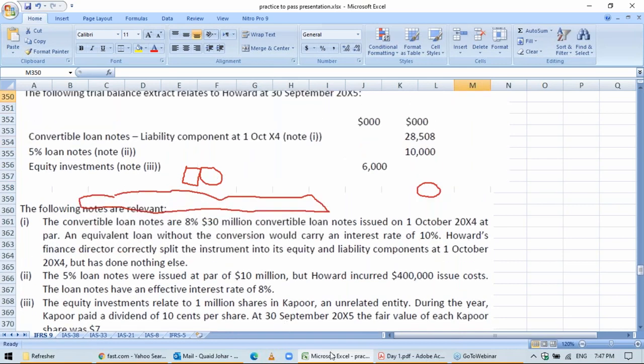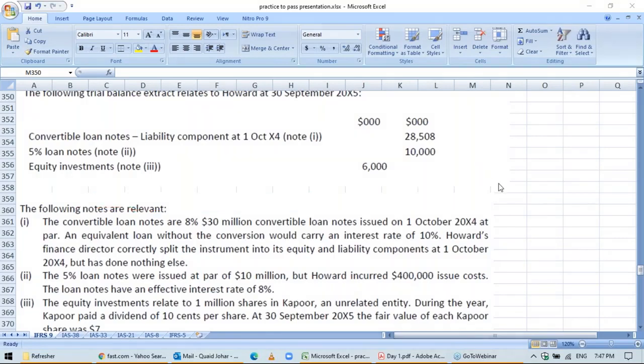So 28,508, this is the amount he has correctly calculated at the time when the convertible bond was issued.